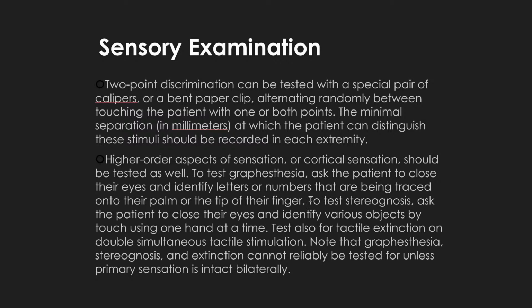Another one, which is useful, is called stereognosis. And this is a recognition of three-dimensional objects without assistance of other sensation. For example, a key or a pen, something that the patient has not seen in the beginning of the examination. You shouldn't show that to him or her.